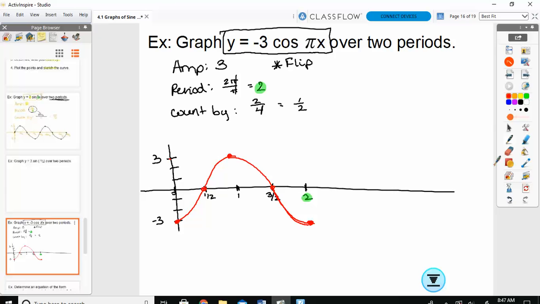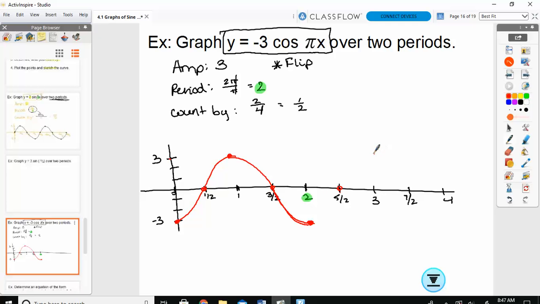You graph sine instead of cosine. Sine starts at 0, cosine starts at 1. I asked for 2 periods, so how many more points do I need to tack on the end? 4 more. And how do I get those points? Keep adding your count by. So 2 plus 1/2 would be 2.5, or 5 halves, plus 1/2 is 3, 7 halves, and 4.